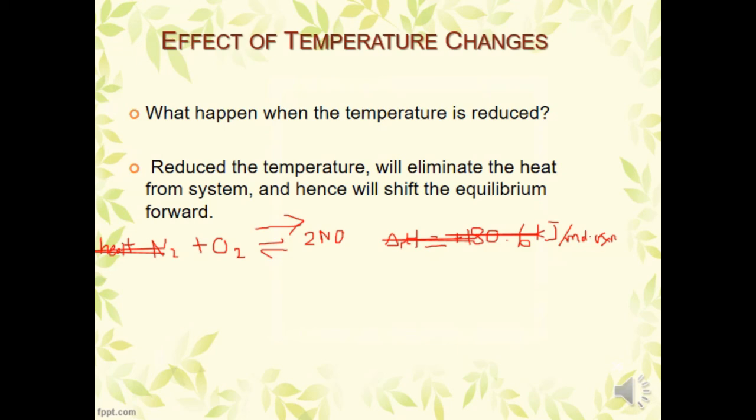So what happens if temperature is changed for an exothermic reaction? This is endothermic. Now let us look at an exothermic reaction. Let's say we have this reaction here. Remember the dinitrogen pentoxide decomposition forming nitrogen dioxide.